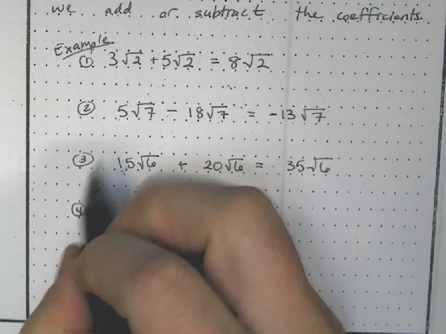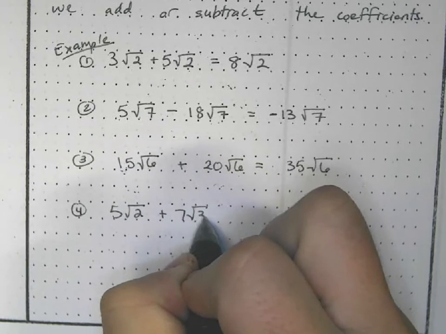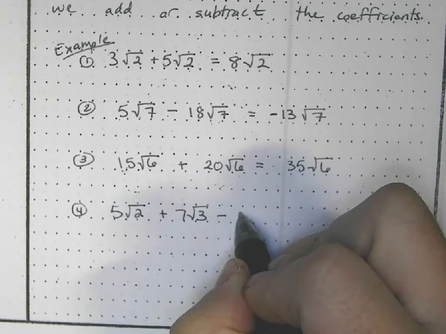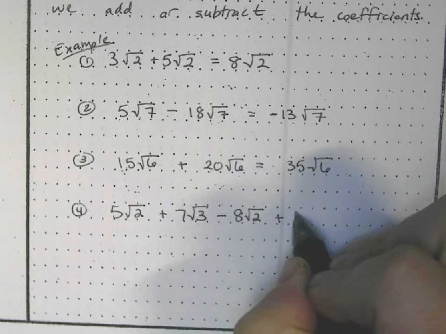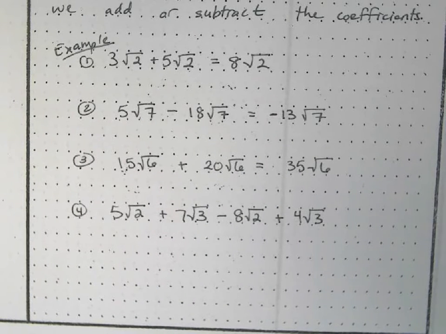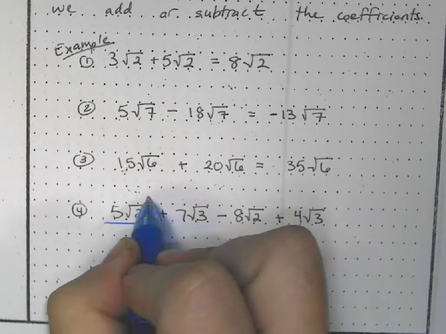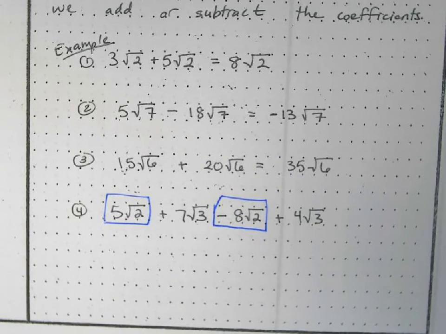Okay, so let's up the difficulty. What if I had 5 root 2 plus 7 root 3 minus 8 root 2 plus 4 root 3? What would that equal? I'm only going to combine the ones that are alike. So these are alike. They both have the root 2, so I can combine the 5 root 2 with the minus 8 root 2.